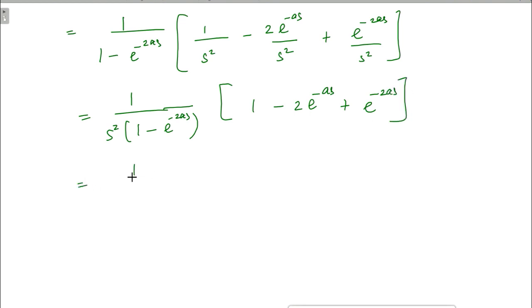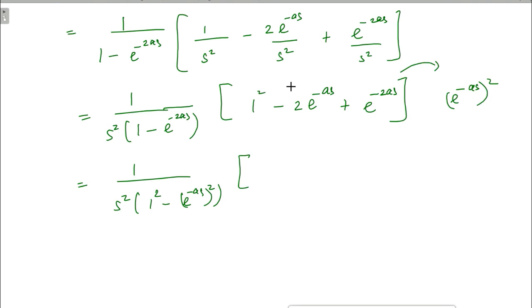So you can apply the formula. You can rewrite 1 minus e power minus 2as as 1 square minus e power minus as whole square, that is (1 plus e power minus as)(1 minus e power minus as). Here you can apply the same logic, the a minus b whole square formula. You can rewrite the numerator as (1 minus e power minus as) whole square.